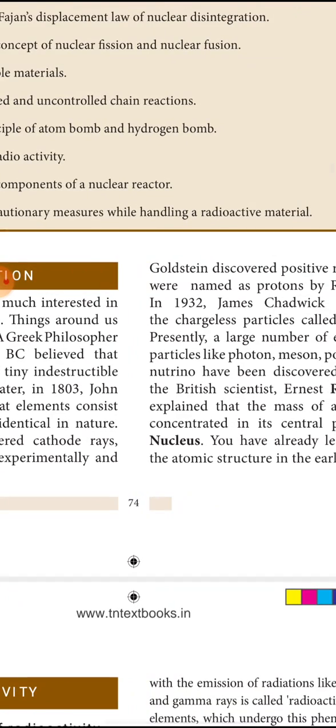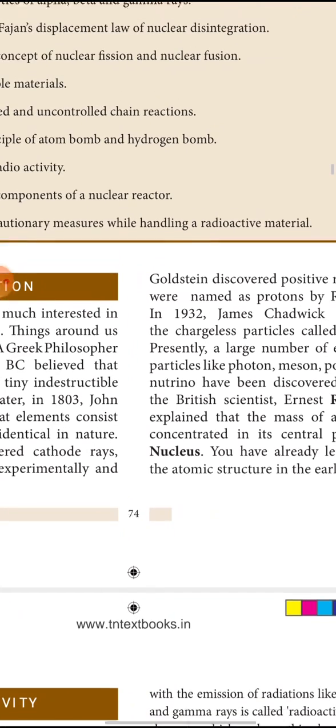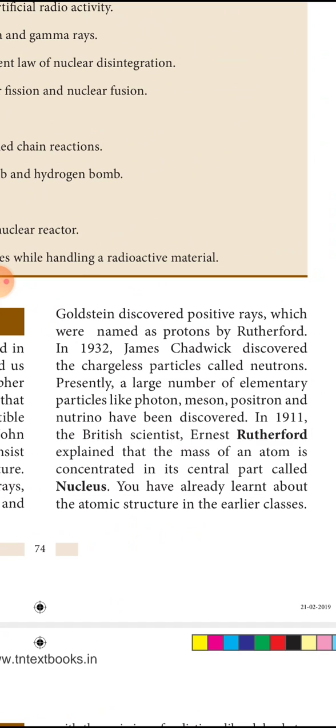Experimentally, Goldstein discovered the positive rays, proton particles. As electrons moving very fast are called cathode rays, when positive particles move very fast, that is called a positive ray, which were named protons.